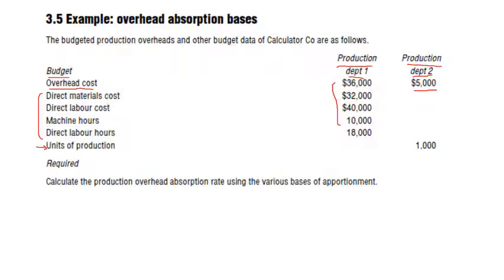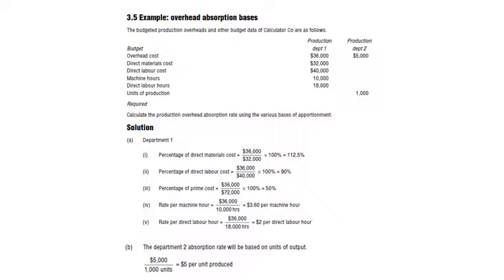So it means that to calculate predetermined overhead rates, in department 1 we have multiple bases, and in department 2 we have only one base. We are required in this question to calculate the production overhead absorption rates using the various bases of apportionment.